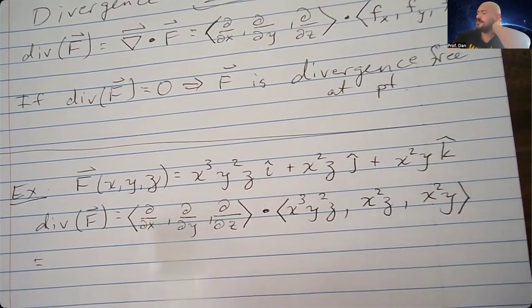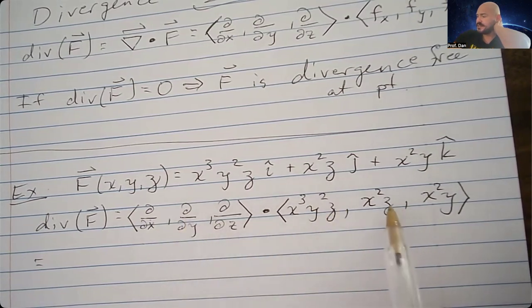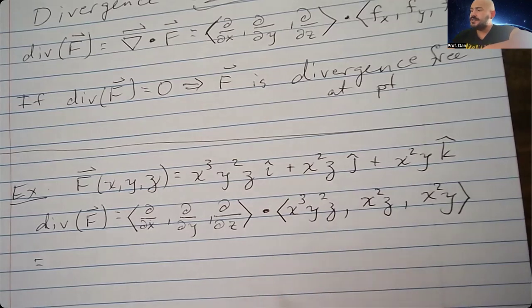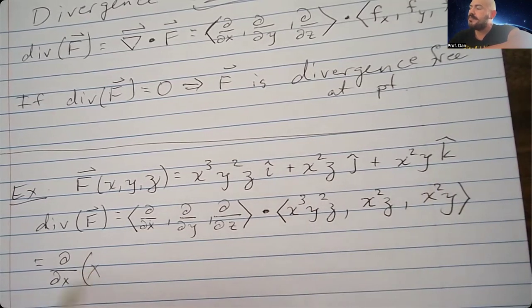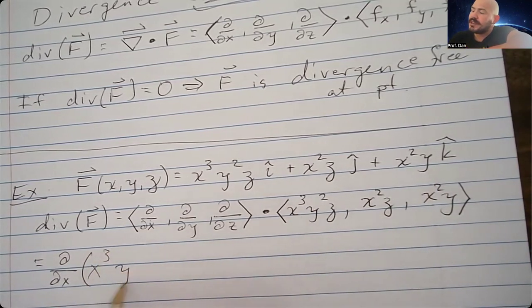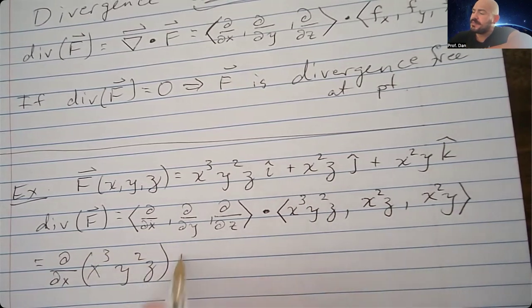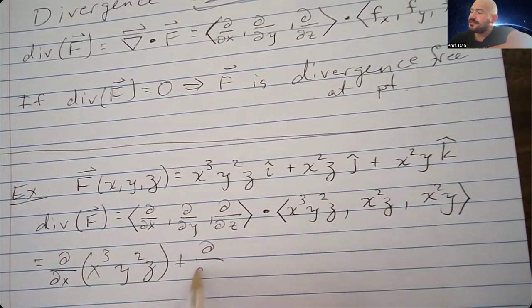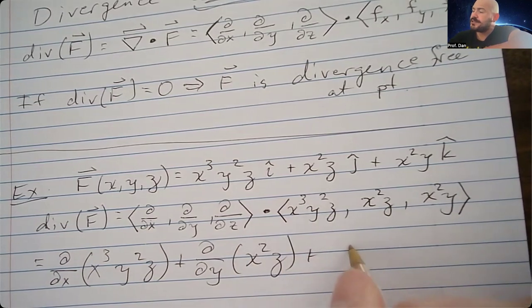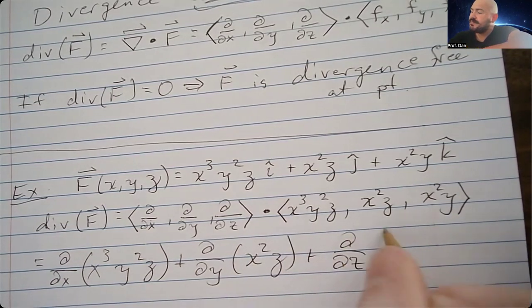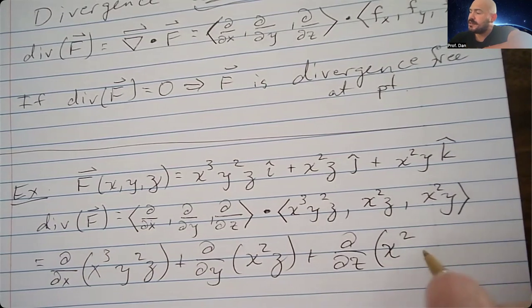It's just first component times first component plus second component times second plus third times third, right? So this one, my divergence would be the partial with respect to x of x cubed y squared z plus partial with respect to y of x squared z plus partial with respect to z of x squared y.